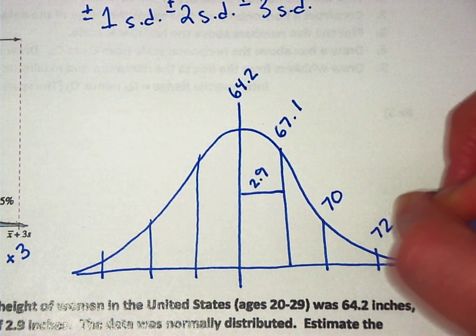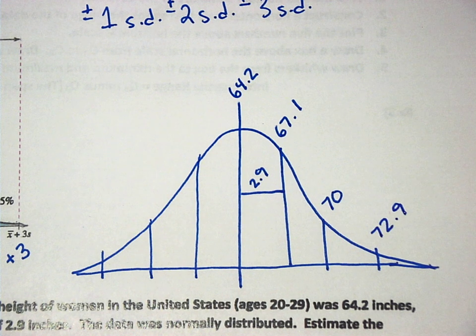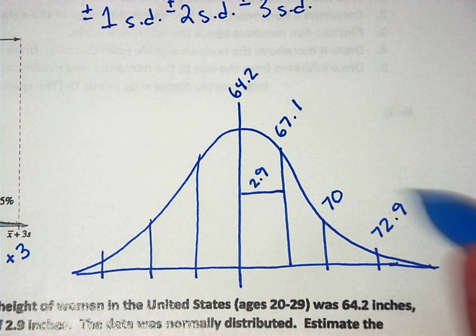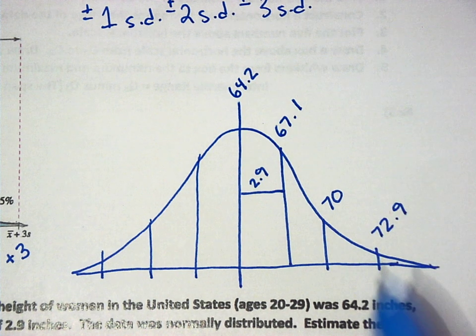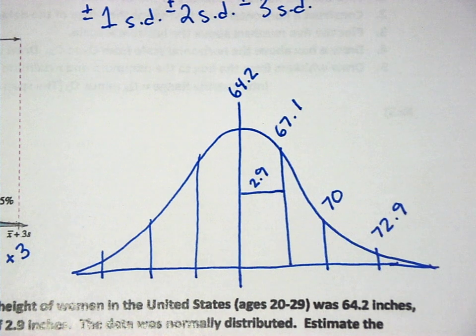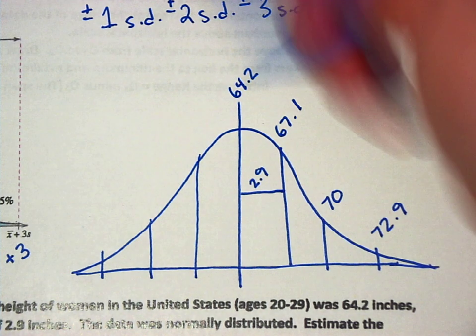And then 72.9. And since 5 times 12 is 60, that means that if you are a little over 6 feet tall, you are an outlier. You are very, very, very tall for women in the United States at least.